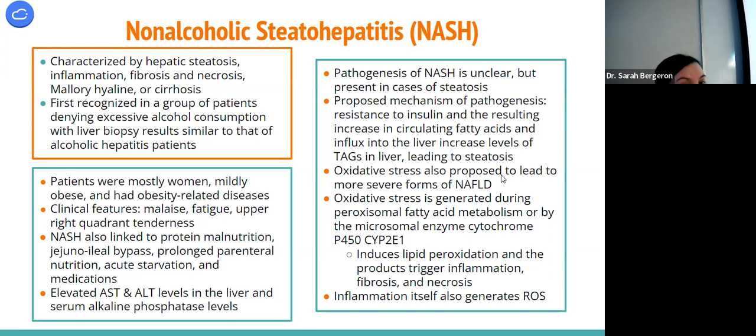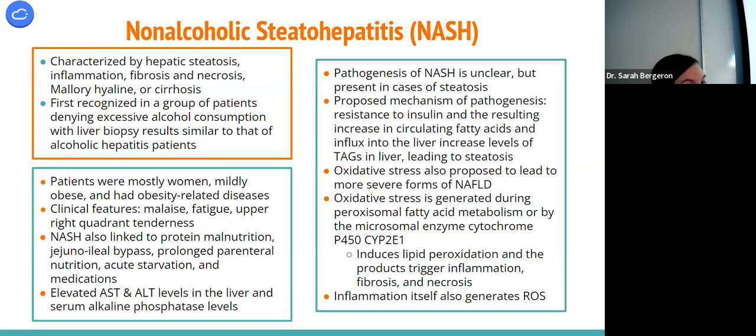Another proposed mechanism is oxidative stress, which we'll see in the next slide. That's what causes the more extreme forms like NASH. It's generated during peroxisomal fatty acid metabolism or by the enzyme cytochrome P450-CYP2E1, which induces lipid peroxidation, and the products of that process is what triggers inflammation, fibrosis, and necrosis.